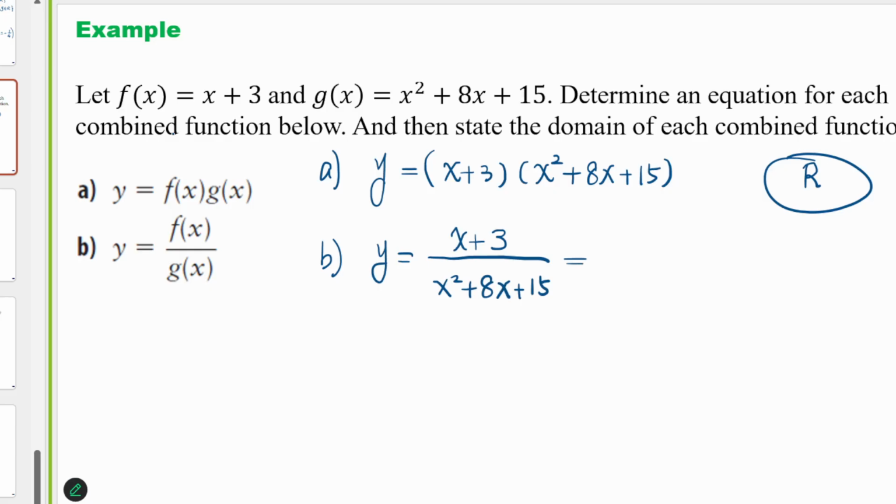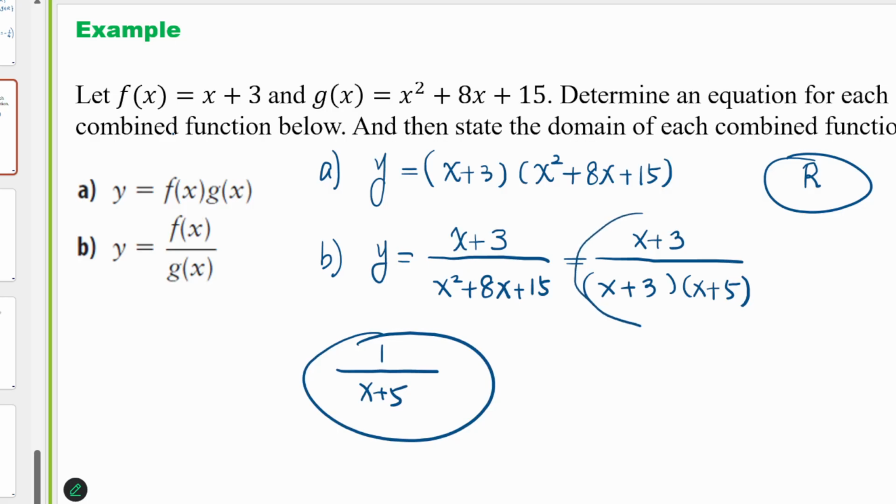Now can you factorize it? We can factorize the denominator as x plus 3, then x plus 5, right? Okay, the question is, can you cancel x plus 3? No, because if you cancel that, you will end up with 1 over x plus 5, right?